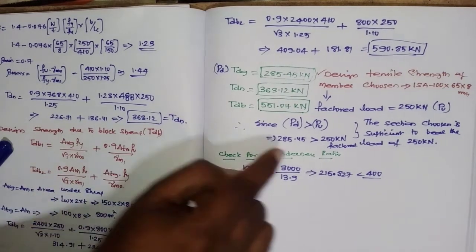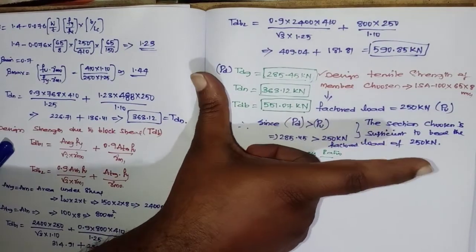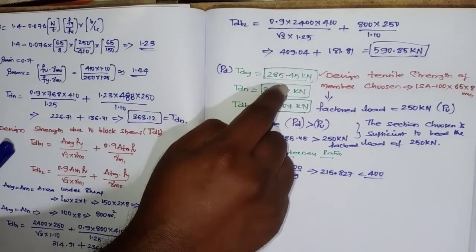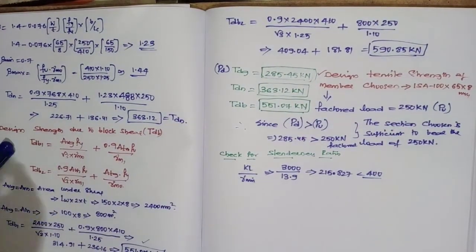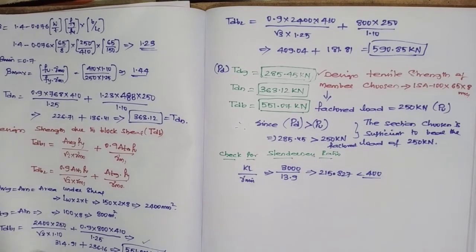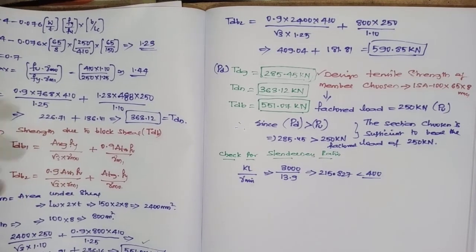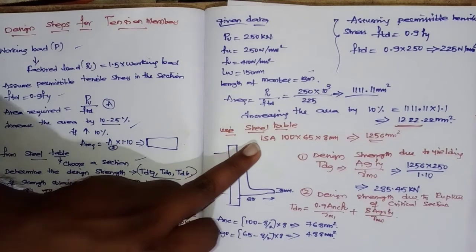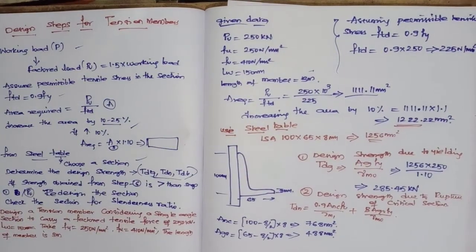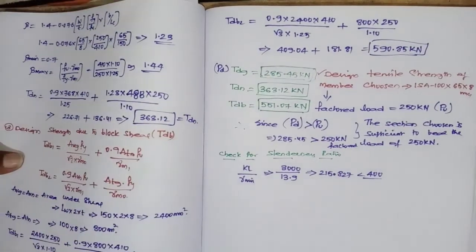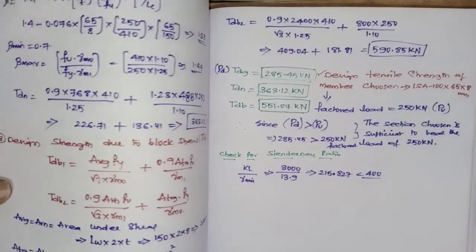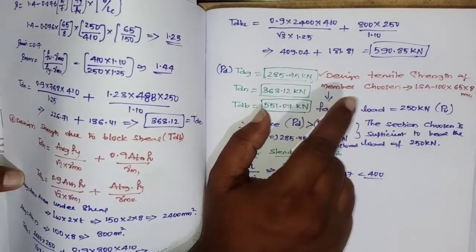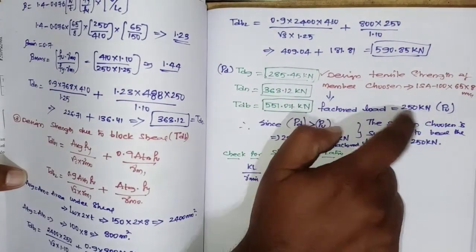You have to do the trial and error method. As I said, suppose here you obtain 285, which is okay, it means the section chosen is perfect. If the value you got is lesser than 250, you have to start your procedure once again from this step. You have to choose the section again and revise it, since it is not meeting the requirement. You have increased the area, everything you have done, but the least value is lesser than the factored load.